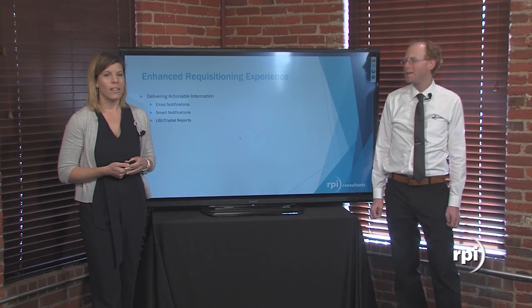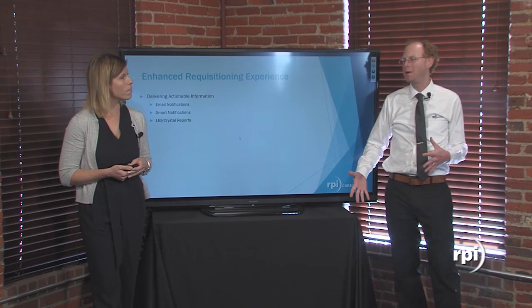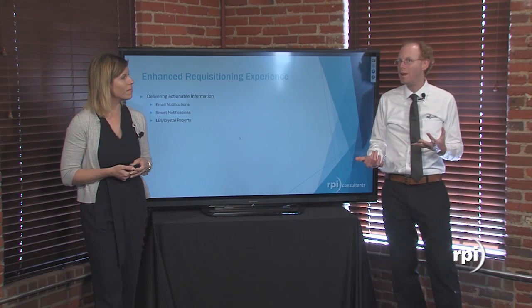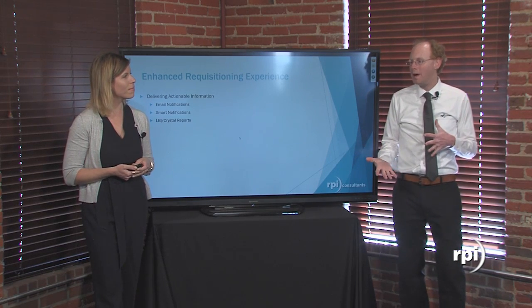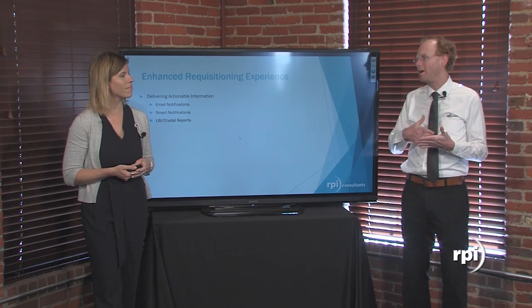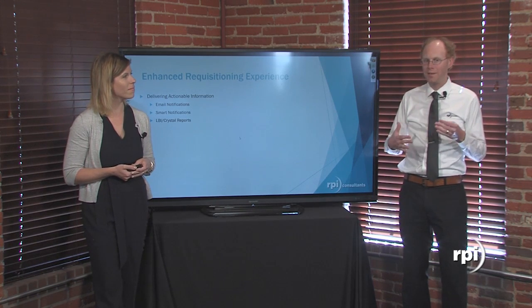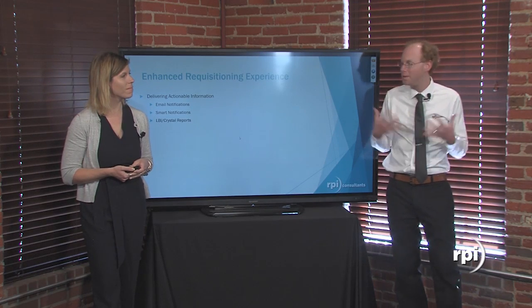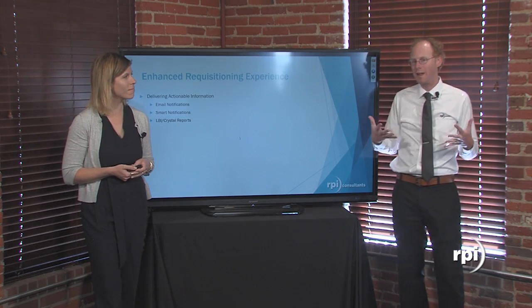Yeah. I like smart notifications for this purpose because if you build a lot of email notifications in your flow, that's great, but those email notifications are all going to be specific to one particular requisition. And if you're doing a lot of requisitions, that's just going to really increase the number of emails coming out of the flow.